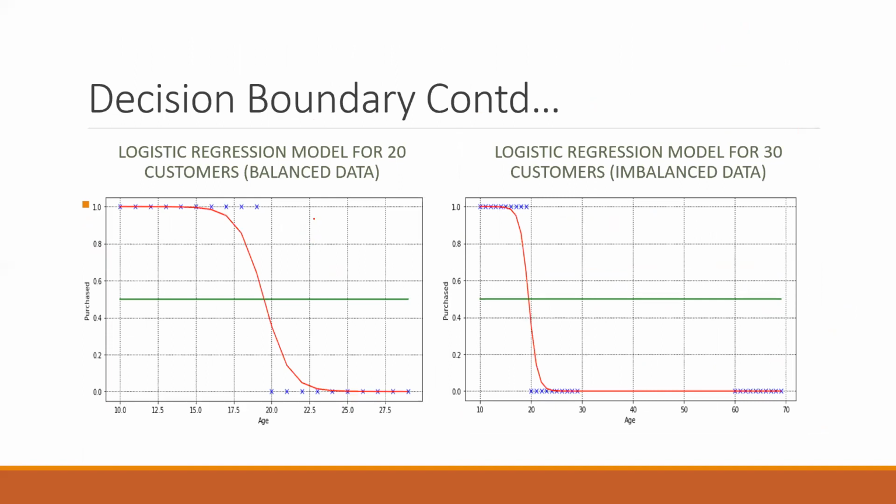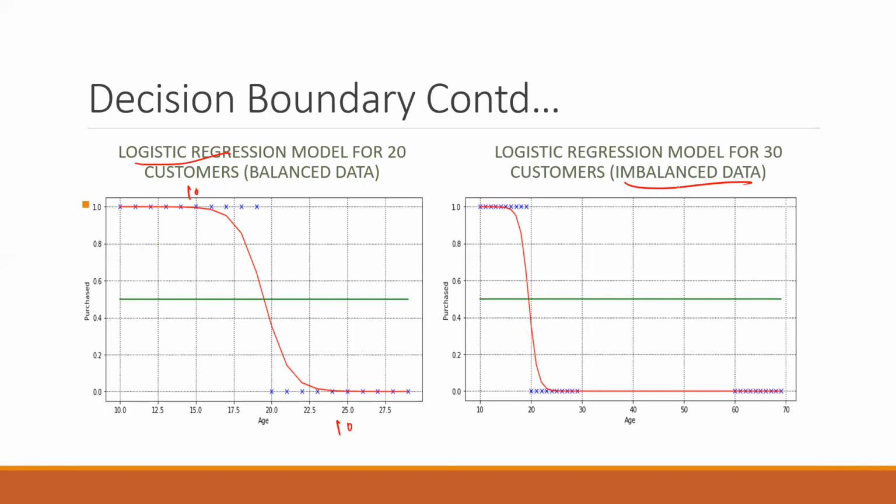But now, if we are doing it with logistic regression, we have to make this S-shaped curve, and it will be made according to this. So, logistic regression model for 20 customers, balanced data. If your data is balanced, it will be equally distributed: 10 points above and 10 points below, and it is able to classify into two classes using this S curve.